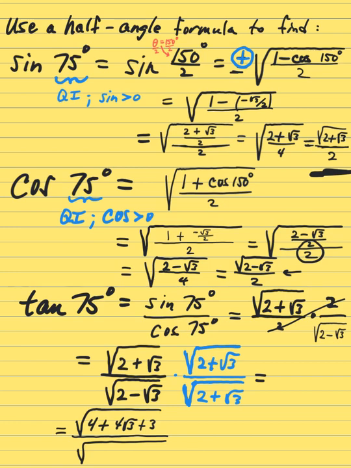And then on bottom, foiling, 2 times 2 is 4. Outside is plus 2 square root of 3. Inside is negative 2 square root of 3, so those cancel. Minus square root of 3 times square root of 3 is 3.